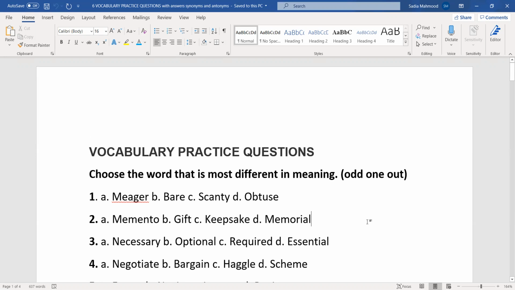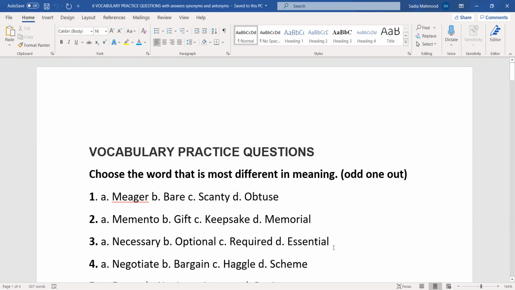Question number 3. Option A is necessary. Option B is optional. Option C, required. Option D is essential. I repeat question 3. Option A is necessary. Option B is optional. Option C is required.